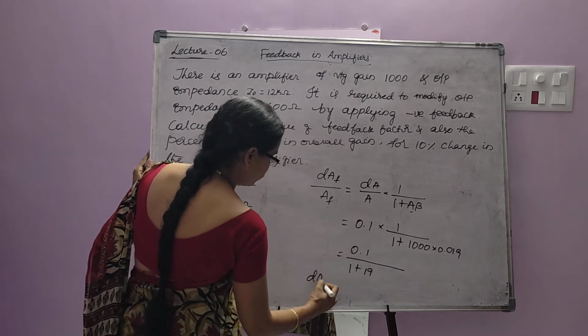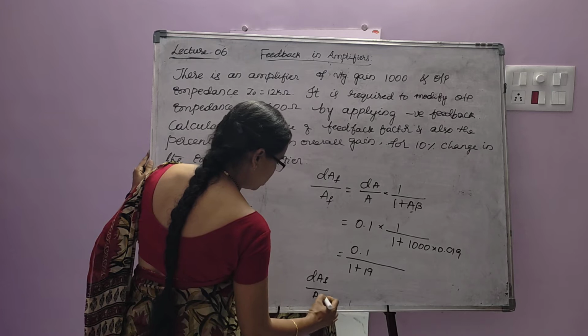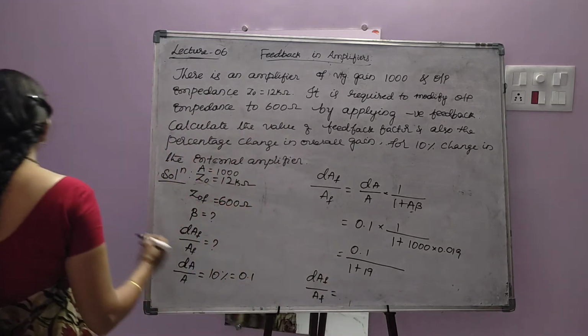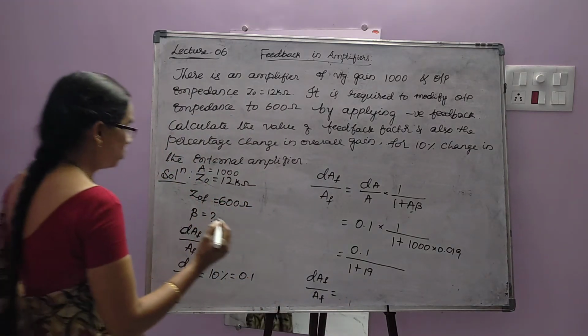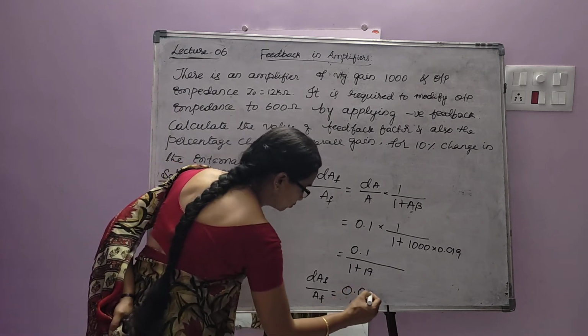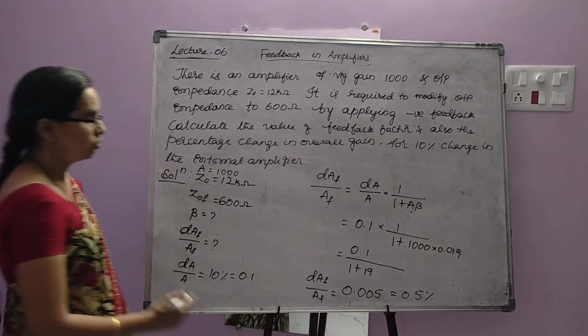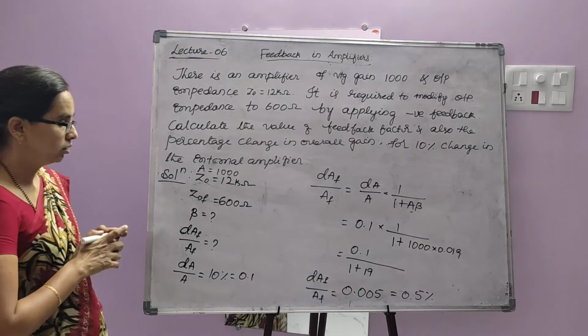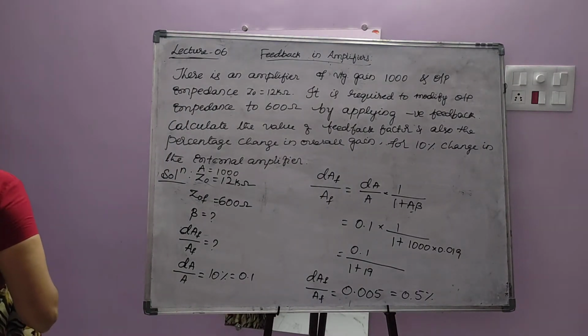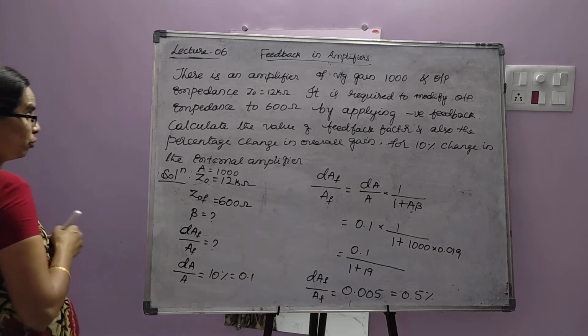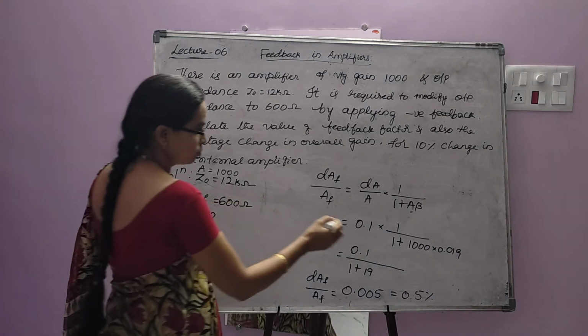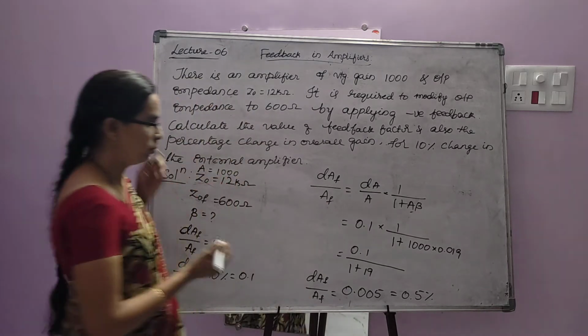So dAf by Af will be 0.1 by 20, 0.005, or 0.5%. The beta was 0.019, that means 1.9%.